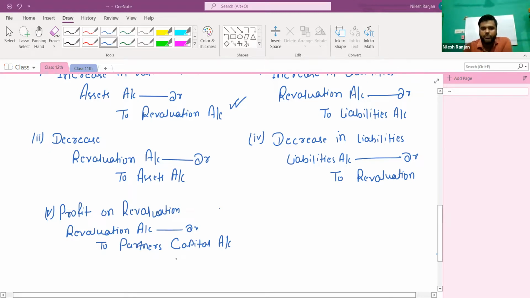As you have studied about transfer, when there is a balance in any nominal account, then we have to transfer the balance to another account, and here it is partners' capital account. So if we distribute the profit between partners, partners' capital will increase, yes or no?